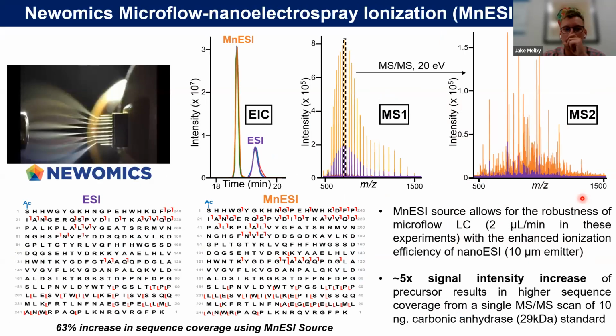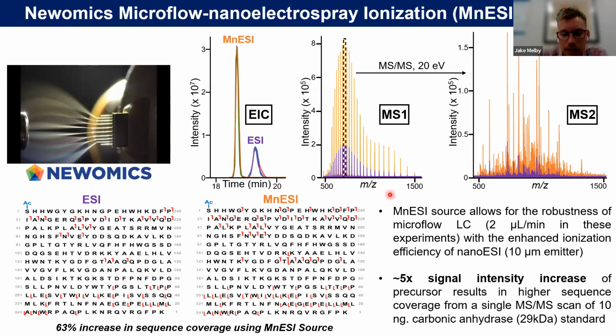First, I wanted to talk about the Newomics Microflow Nanoelectrospray Ionization Emitter, or MnESI. As Tom showed earlier, this is an image looking at the camera from the lab itself. You can see the nice Taylor cone, nice electrospray plume from the 8 10 micron emitters.